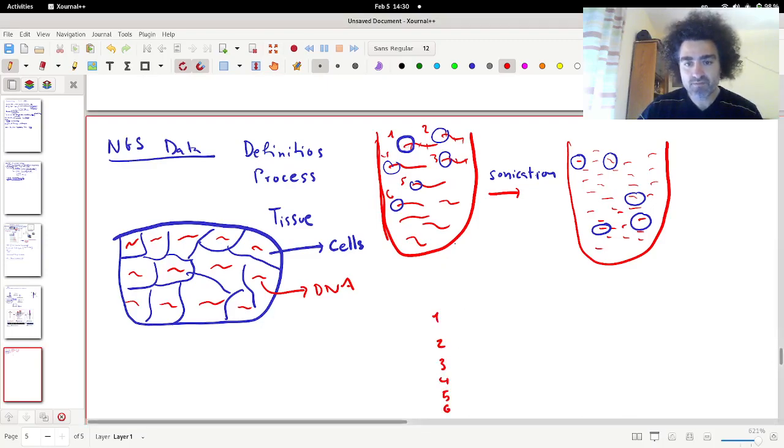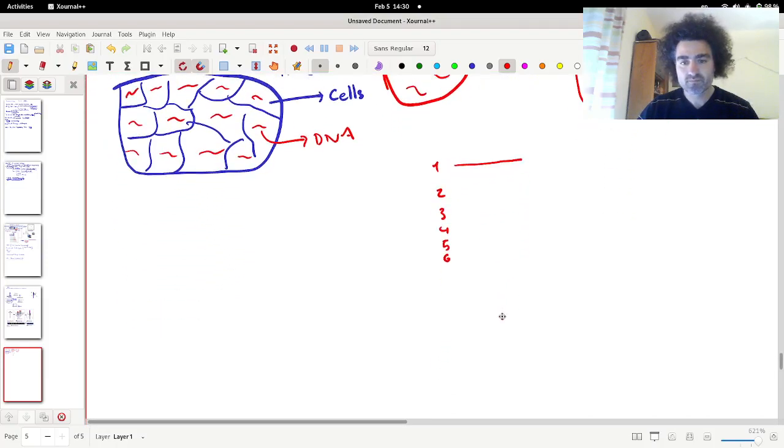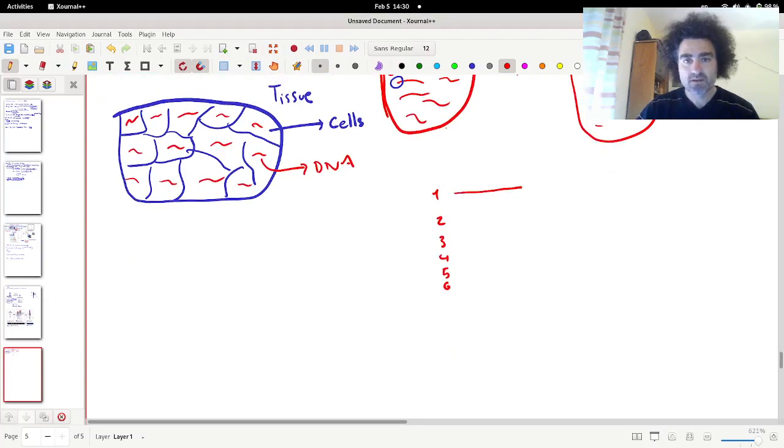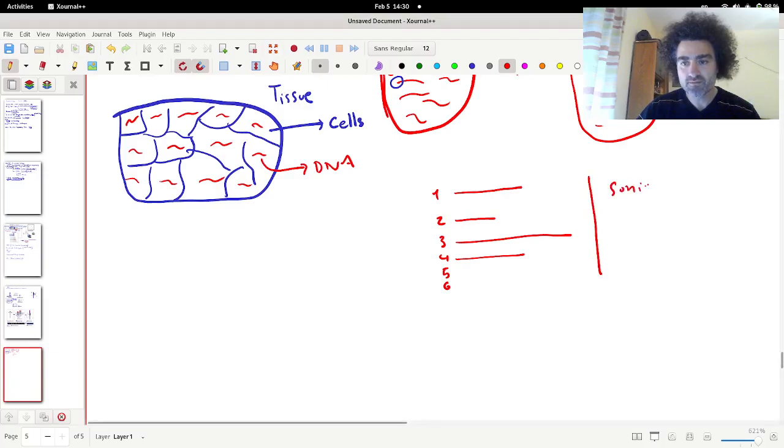Then perhaps this piece is this one, and the piece that corresponds to 2 is this one, and the piece that corresponds to 3 is this one, and the piece that corresponds to 4 is this one, and so on. They don't have exactly the same length. Why? Because of sonication. I just write it here.